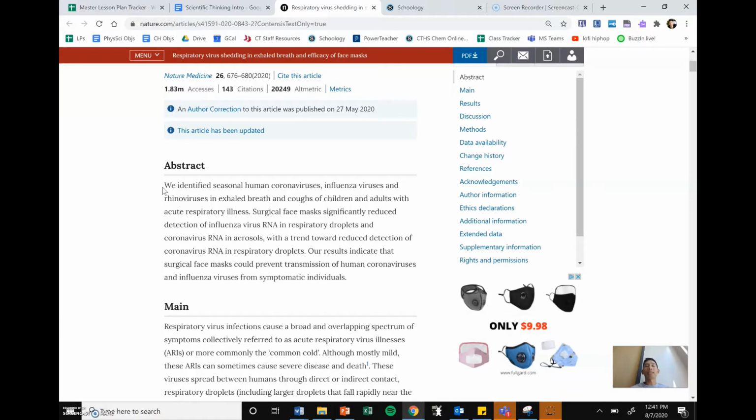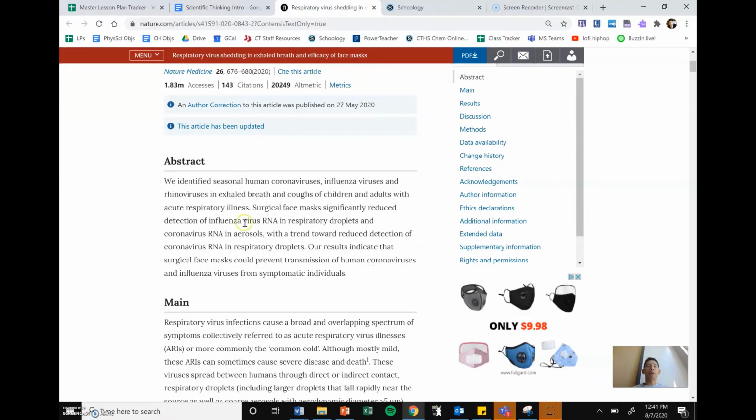Surgical face masks significantly reduced detection of influenza virus RNA in respiratory droplets and coronavirus RNA in aerosols, with a trend toward reduced detection of coronavirus RNA in respiratory droplets. Our results indicate that surgical face masks could prevent transmission of human coronaviruses and influenza viruses from symptomatic individuals.